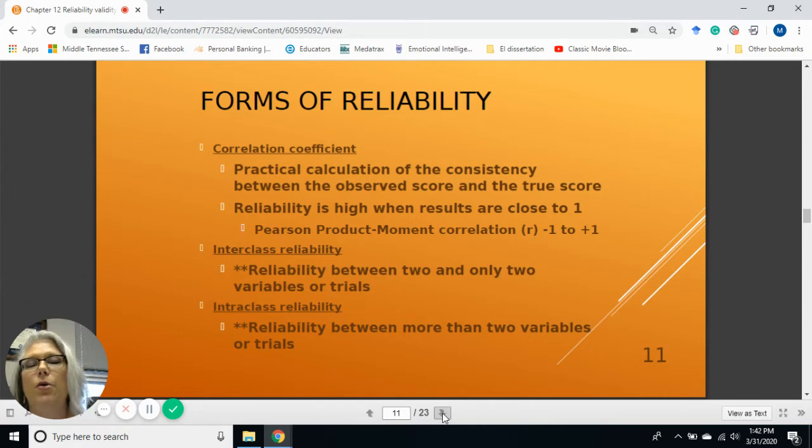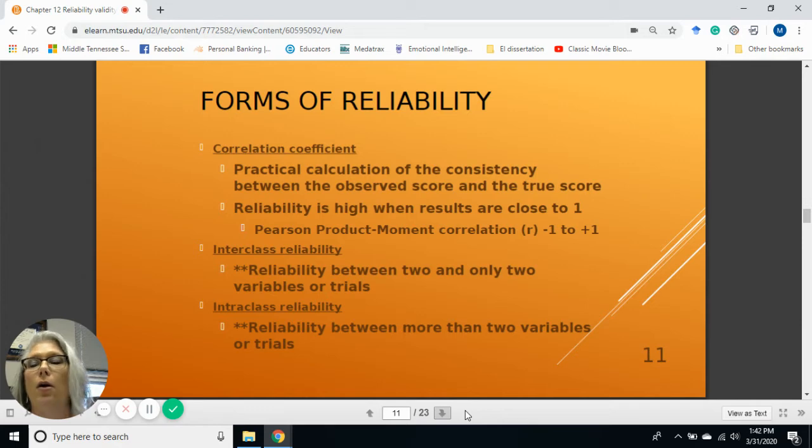And when we interpret the results of the -1 to +1, the r is the degree of the relationship between the two variables. So 0 would be no relationship, and -1 would be a negative relationship or most negative, and then +1 would be the most positive relationship. So it depends on what we're looking at, where we really want that to be, right?